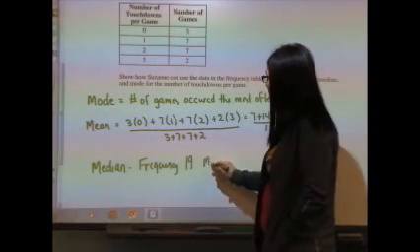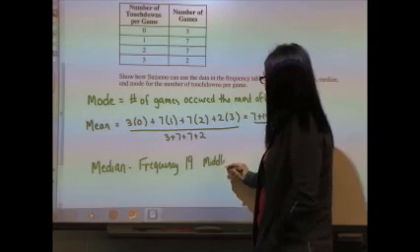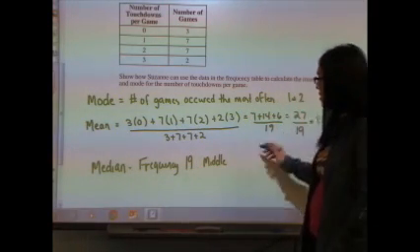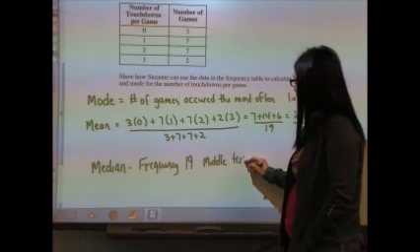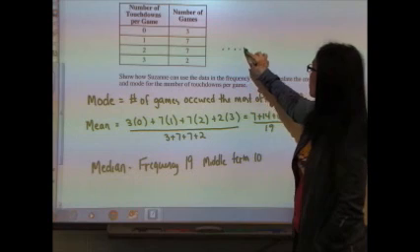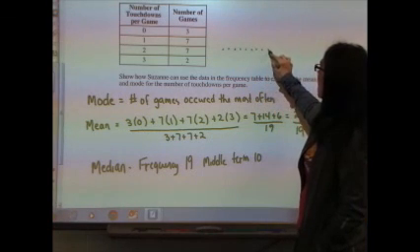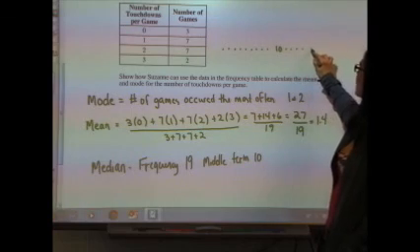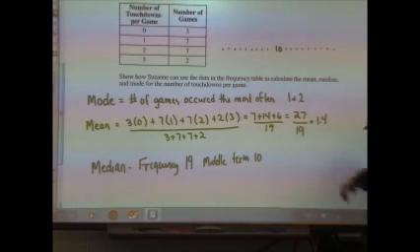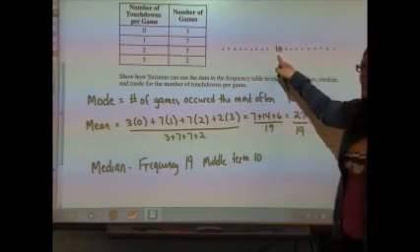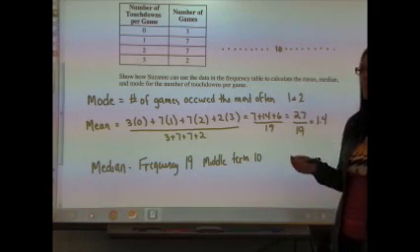So the middle of 19, or if I have 19 terms lined up, the middle is term 10. I have 9 pieces on each side. So the 10th term becomes my middle.